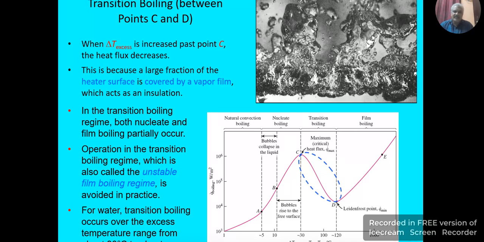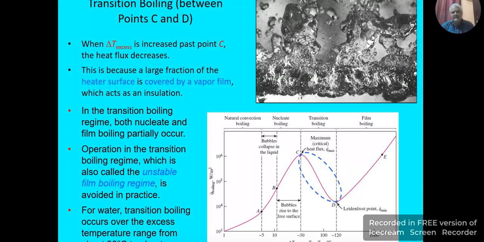So in the transition boiling, both nucleate and film boiling partially occur. This region is also called the unstable film boiling region, since the vapor blanket tries to cover the entire surface and act as an insulation over the surface.